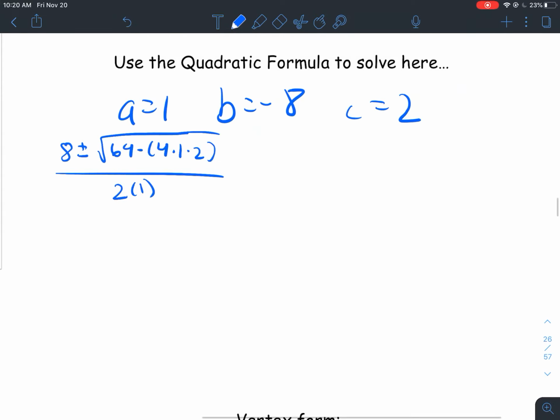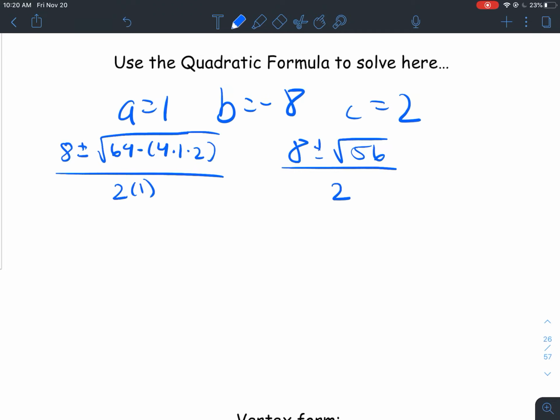So we'll plug this in. We end up with 8 plus or minus the square root of 64 minus 4 times 1 times 2, which is going to give us 56. So we get plus or minus root 56 all over 2.